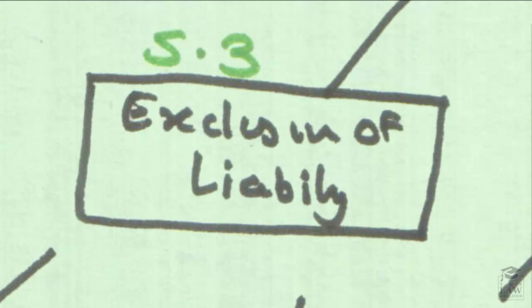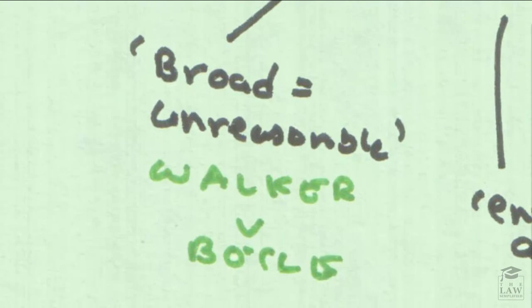And in context, if you consider the common law aspect of it, what was stated by the court in Walker and Boyle is that if the exclusion clauses are broad and ambiguous, it is unreasonable. This goes in line with many of the principles in the law of contract, where our court has stipulated that the more onerous and ambiguous the clauses are, it will benefit the other party. As in, where it's confusing and too broad, the court will infer that it will be disadvantageous to the person who came up with the clause in the first place.